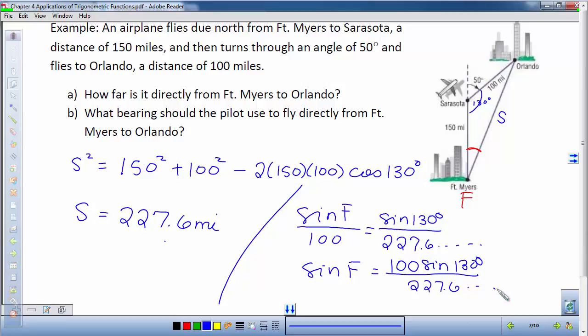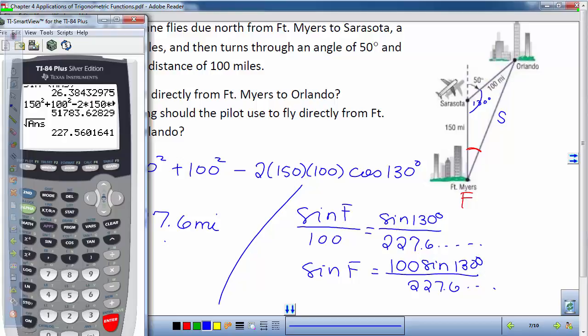When we do that on the calculator, 100 times sine of 130 divided by the second answer, I get sine F is equal to 0.3366.